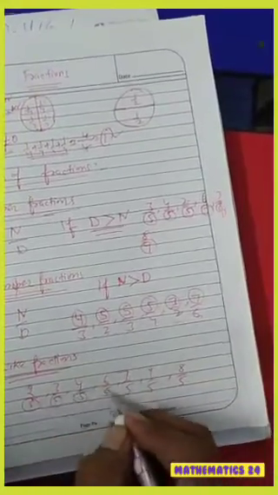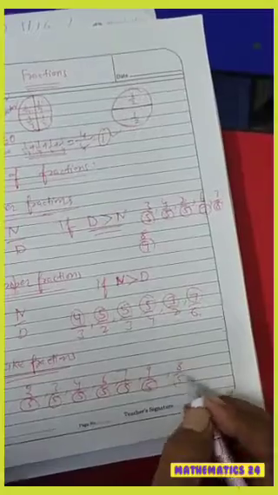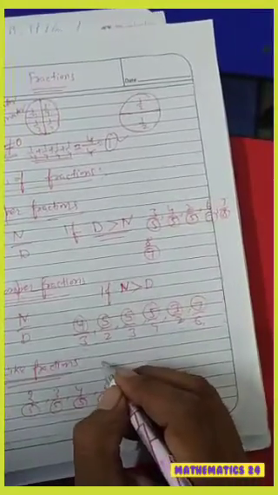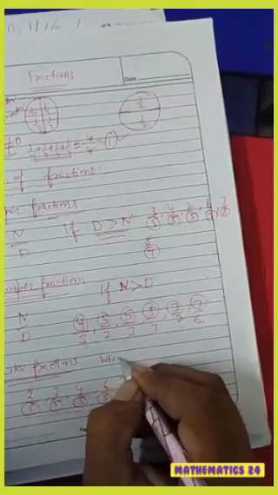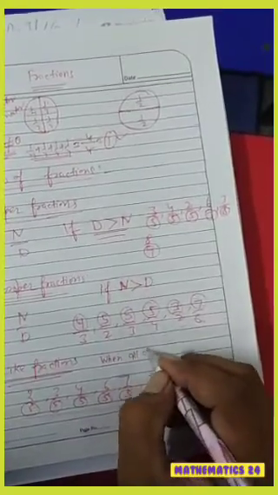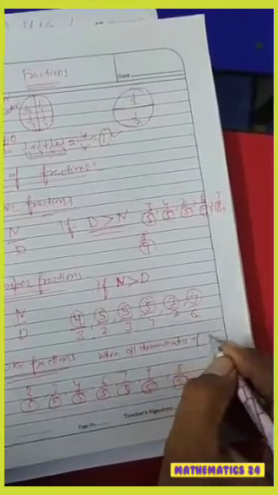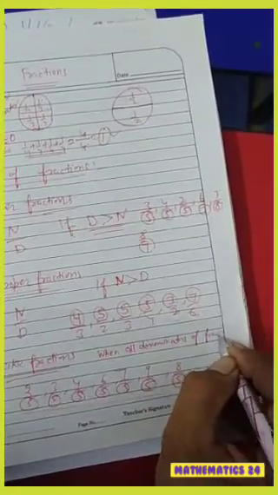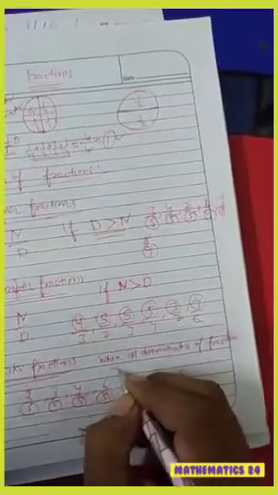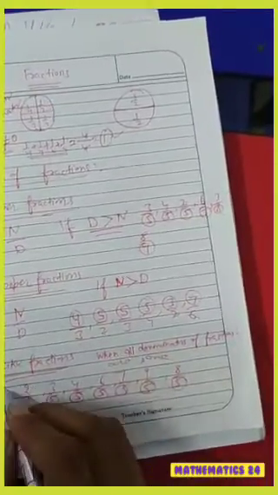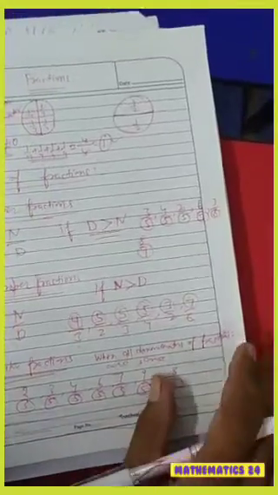All denominators are the same. So it means when all denominators of fractions are the same, we can say that this type of fractions are like fractions. Understood?